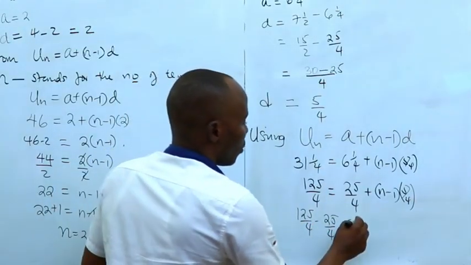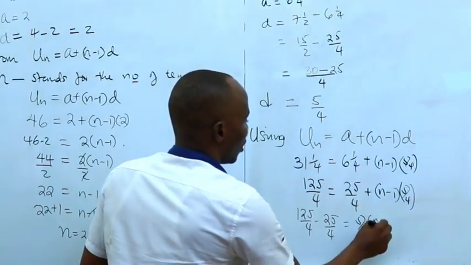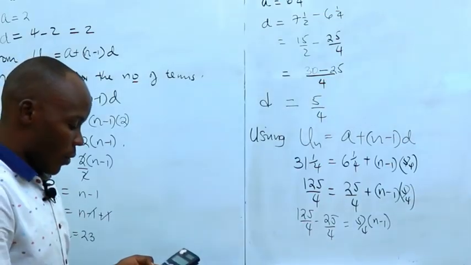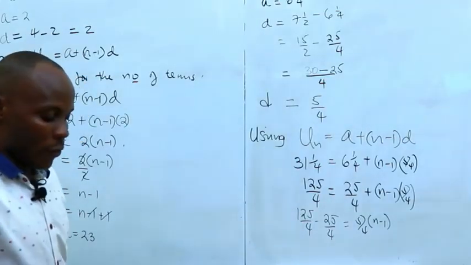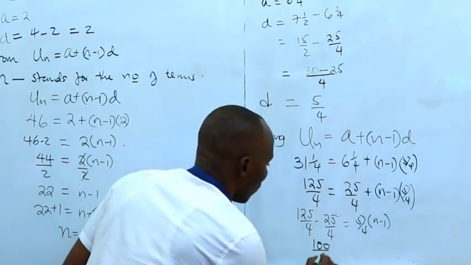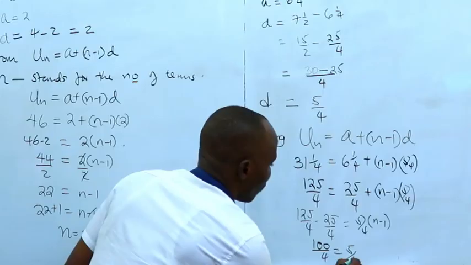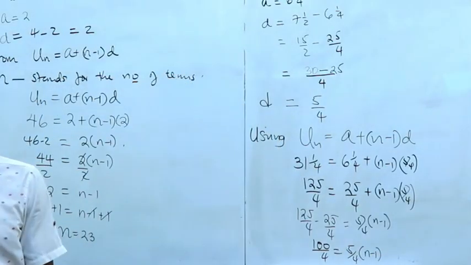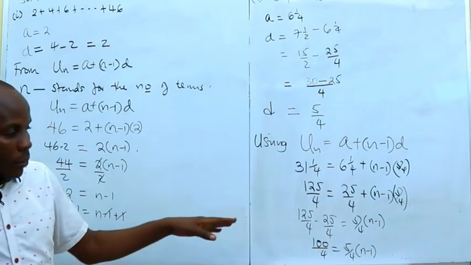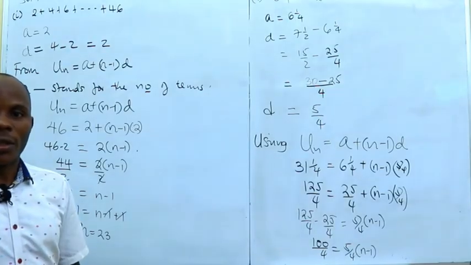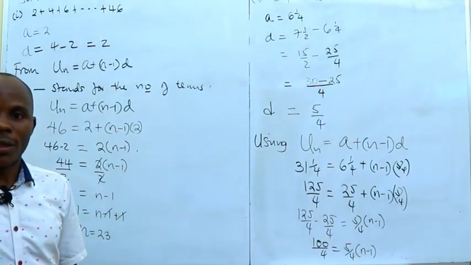That one is equal to 5/4 into n minus 1. So you have 125 minus 25 giving you 100. So this is 100/4 is equal to 5/4 into n minus 1. So from there you can calculate, I shall pick it up from there.